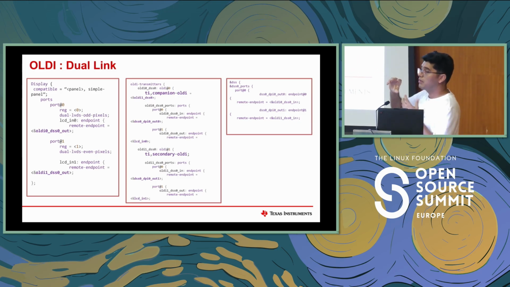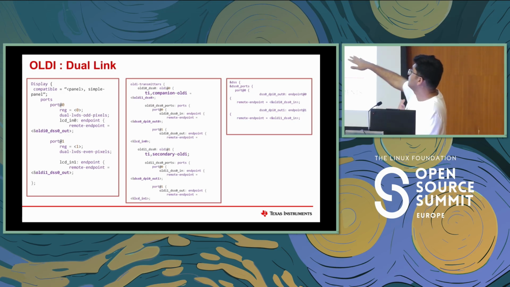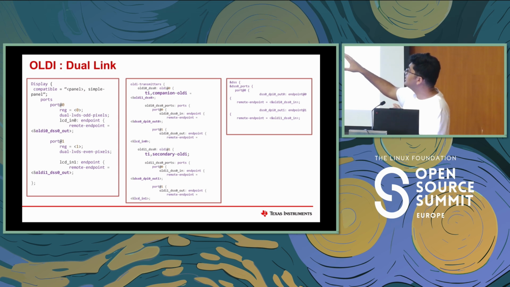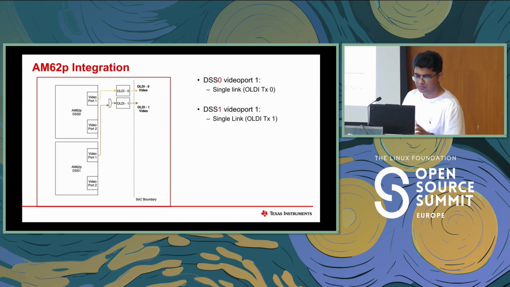So with the companion, we are passing the node reference of the secondary OLDI. And then the 2 OLDI transmitters are supporting one single bridge. So as you can see, one single display panel, and the single display panel has 2 input ports coming from 2 different OLDI transmitters. And the OLDI transmitters are being input from one single port within the display driver with 2 endpoints.